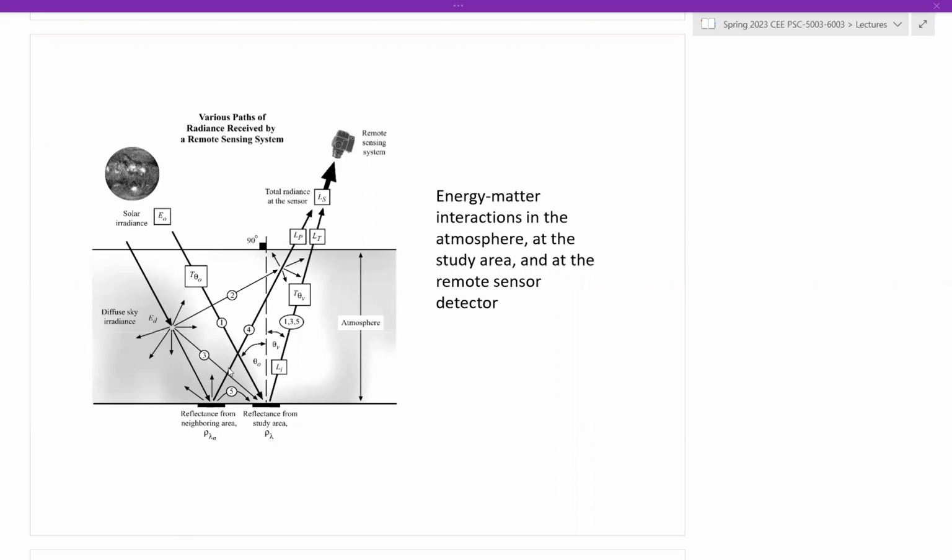So there is a high chance that the reflectance of a photon from a neighboring area, not the area that you are studying, will travel through the atmosphere and interact. Some of them will interact with the atmosphere, but others will reach the sensor.